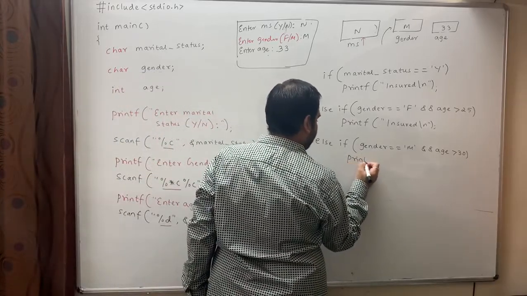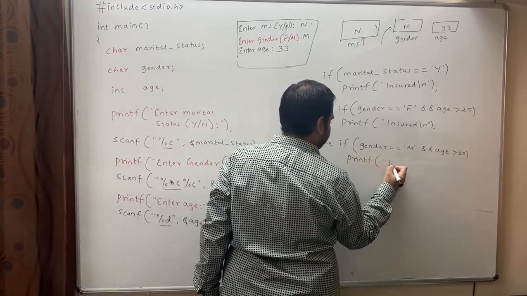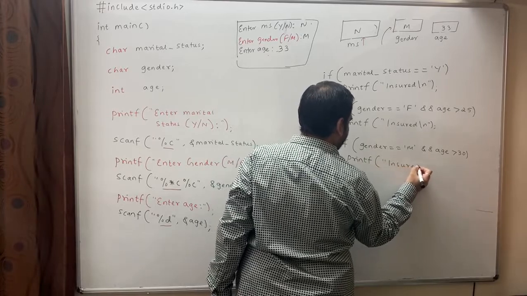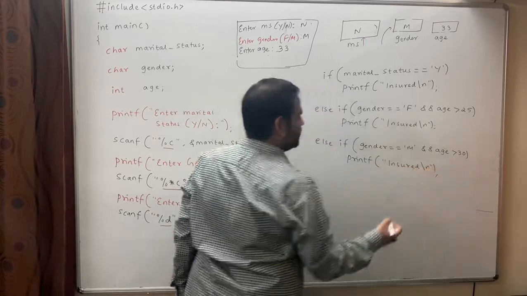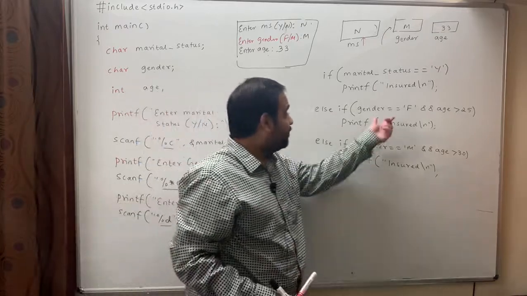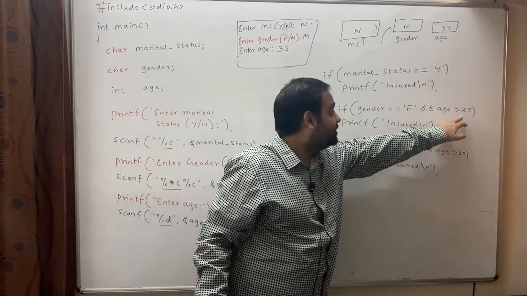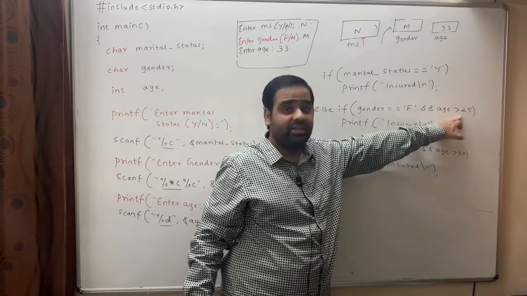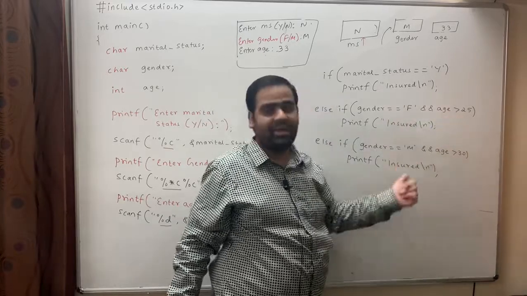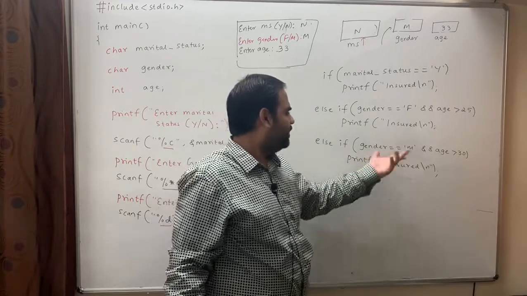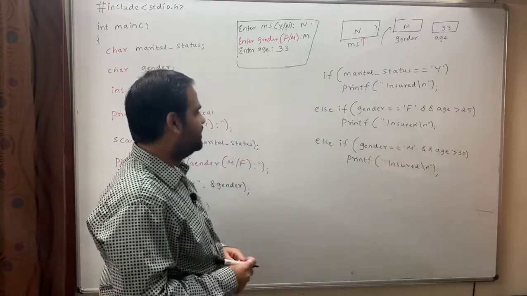Now why is it necessary to check the gender over here? Because out of these two conditions, any condition may be false. Now gender is female, but this condition might be false. Therefore you might have gone to this condition. Therefore it becomes necessary for us to write gender is male.